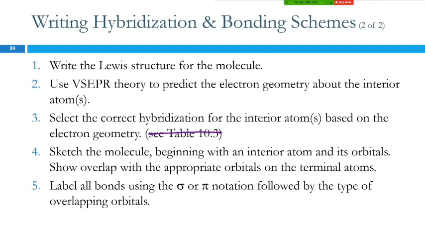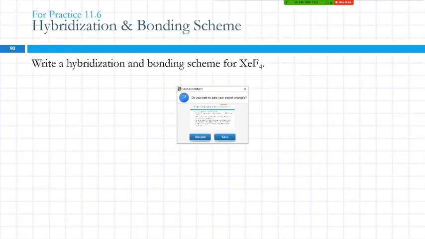If you need 4 orbitals, because you have 4 electron groups, you'd use sp3. You sketch the molecule, show the overlap, label the bonds. Thankfully for you, I'm not going to make you draw these things.